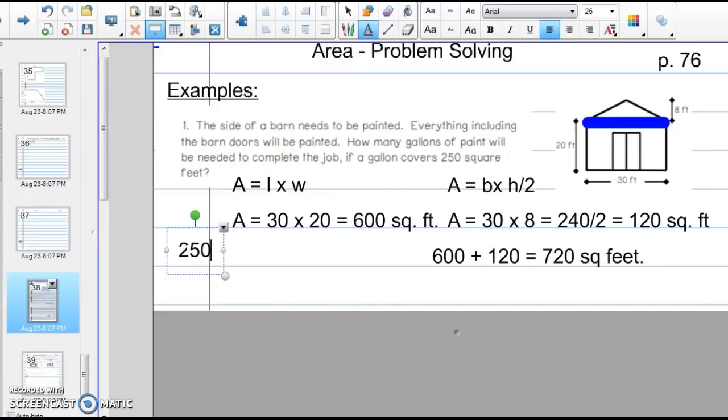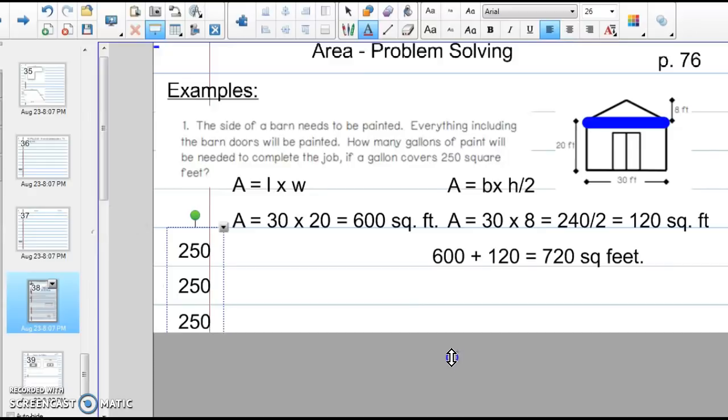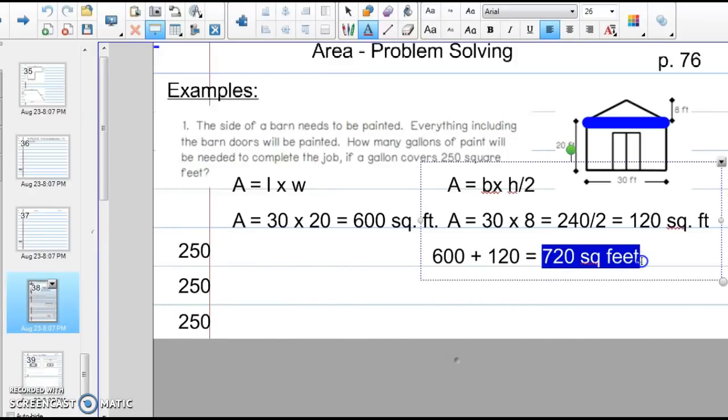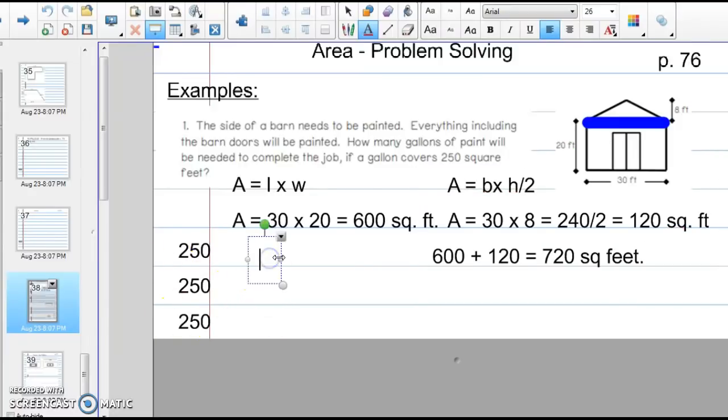If we buy 1 can of paint, that's 250 square feet. Another can would be 500 square feet. And a third can would be 750. So the barn is 720 square feet, so we're going to have to buy 3 cans in order to have enough paint.